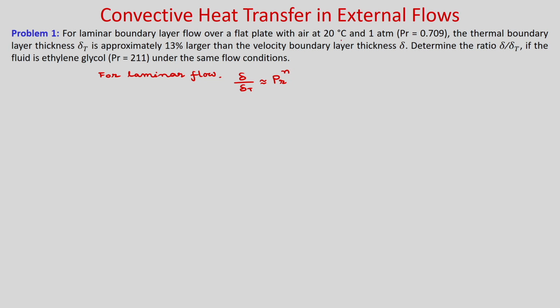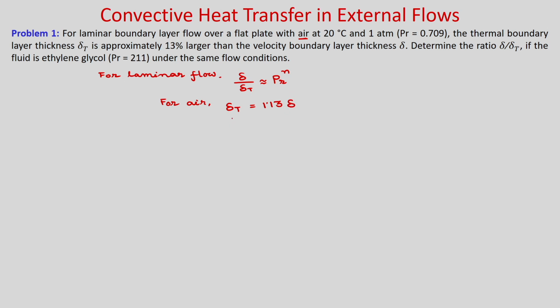Here you can see the first fluid is air, and for air it is given that delta T is approximately 13% larger than delta. So, you can write delta T is equal to 1.13 into delta from the given condition.